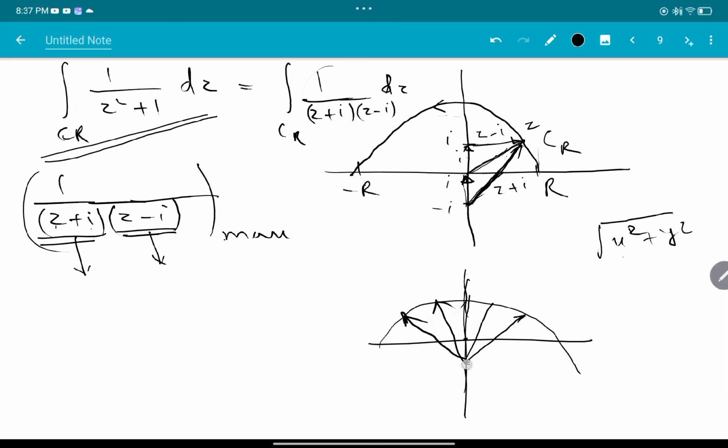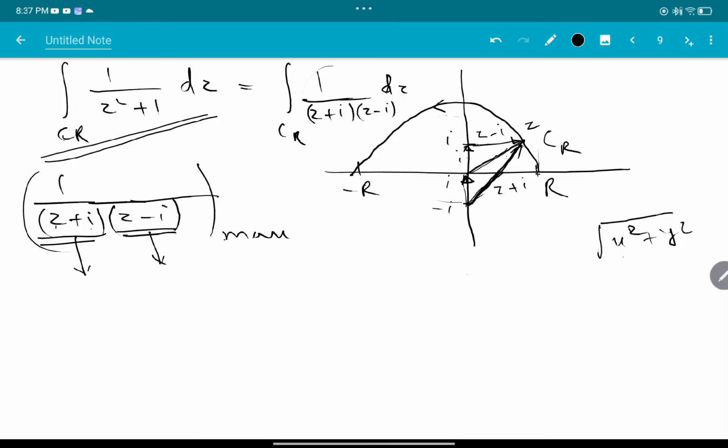You can easily see it will be smallest at this point and at this point. You can check if you doubt it, using a scale and pencil. It will be smallest at this, that means at r.